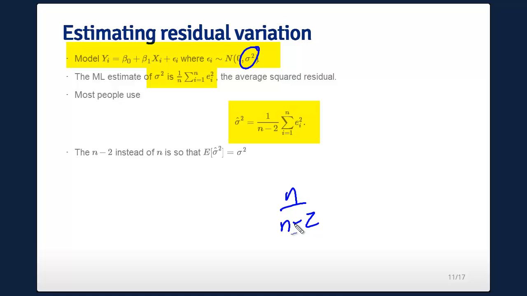But if you're a stickler for the details, you might wonder exactly why we don't use the MLE. It turns out that the MLE is biased in this case. If you want your estimate to be unbiased, its expected value to actually equal sigma squared, then you need to subtract off 2 there: 1 degree of freedom for the intercept and 1 degree of freedom for the slope. Because we had to estimate those 2 parameters, they get subtracted out.